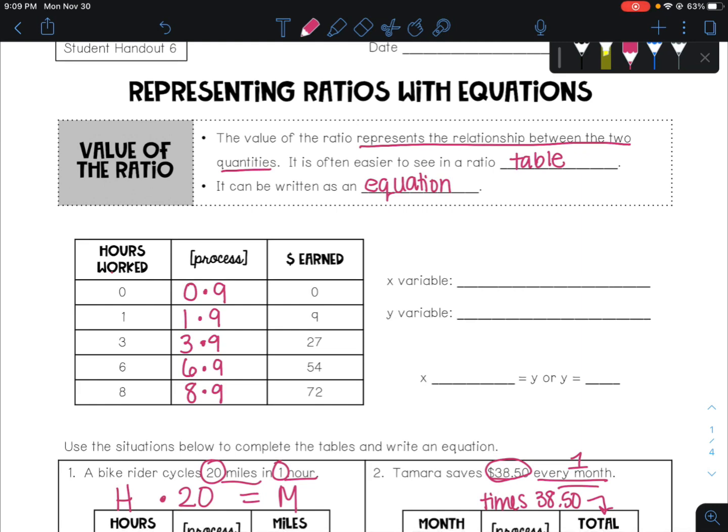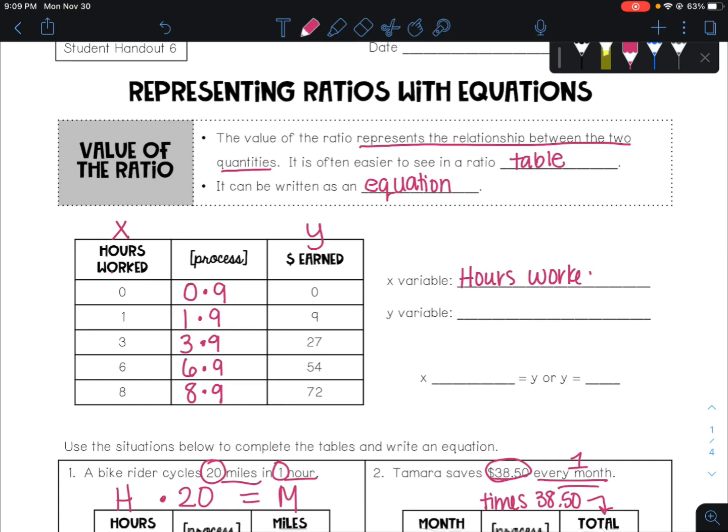And we're actually going to pull in some of our information from the coordinate planes unit. We're going to talk about x and y. Here's the easy thing. When you label your tables, x and y is always in order. The first column should be x, the second column should be y. So our x variable has to be the hours worked because that's the first column.